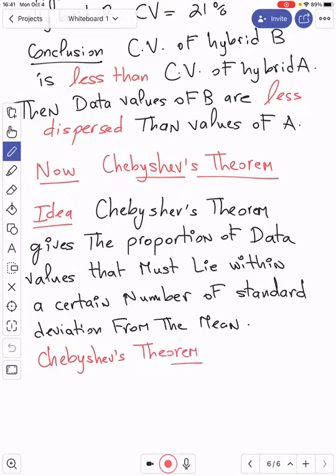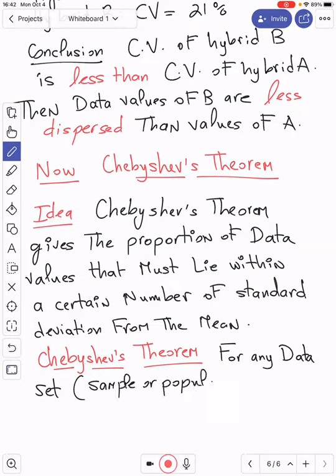For any data set, it doesn't matter if it's a sample or a population, and for any positive integer k larger than 1.